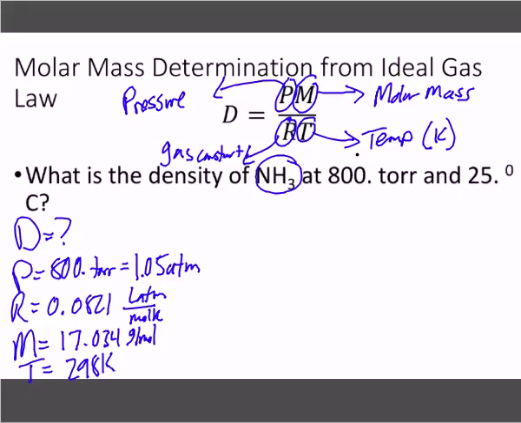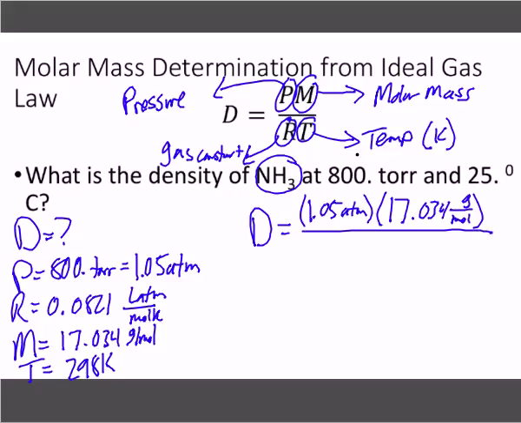All we have to do is plug it into that formula. There's no rearranging that we have to do because we're looking for density. So 1.05 ATM times our molar mass, which is 17.034 grams per mole, all over our R value of 0.0821 liters times atmospheres over moles times Kelvin.